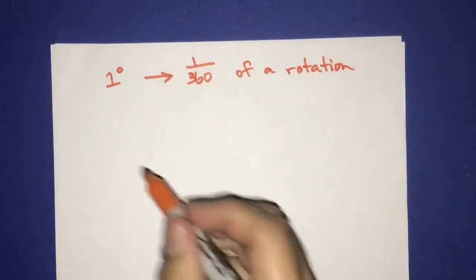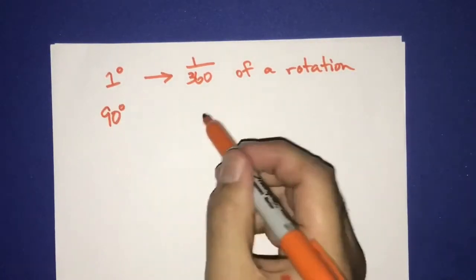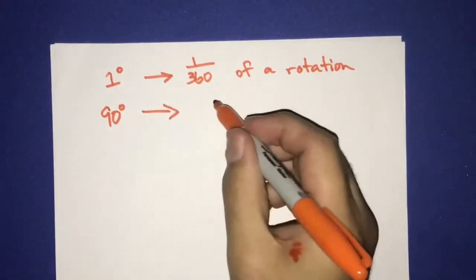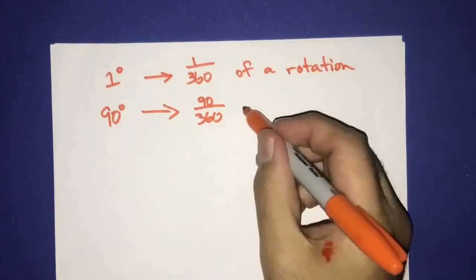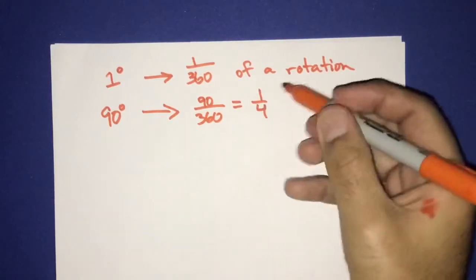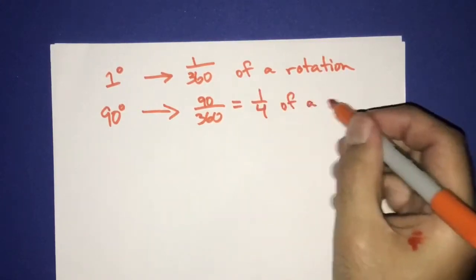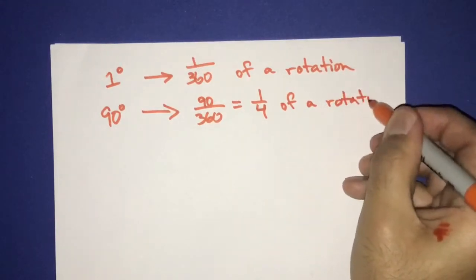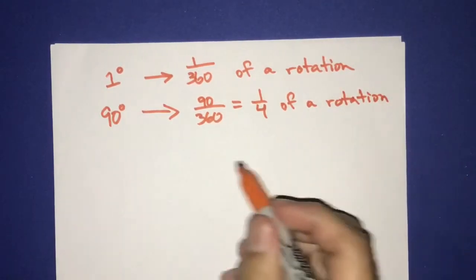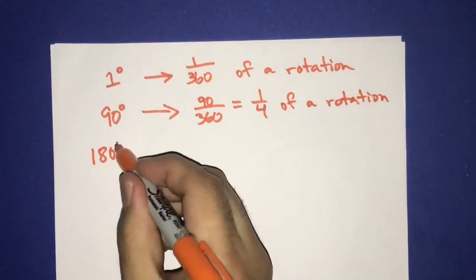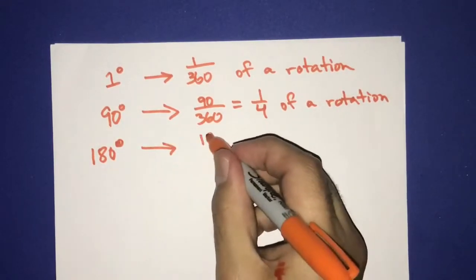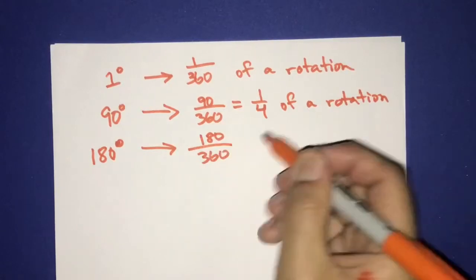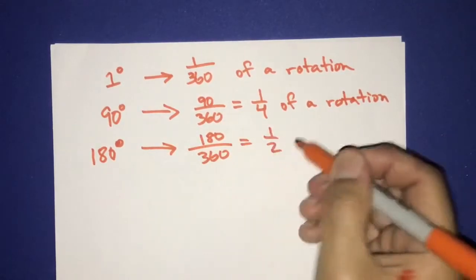And another example, we got 90 degrees. This corresponds to 90 over 360, so that's 1/4 of a rotation. And we also have 180 degrees, and that corresponds to 180 over 360, which is half a rotation.